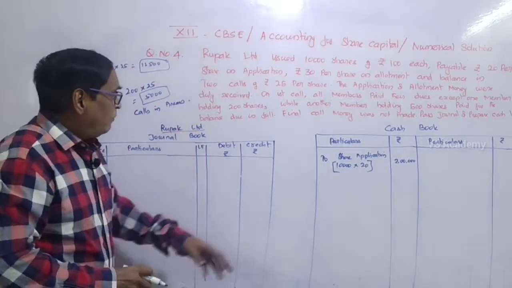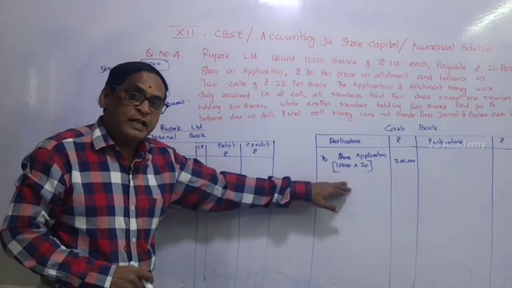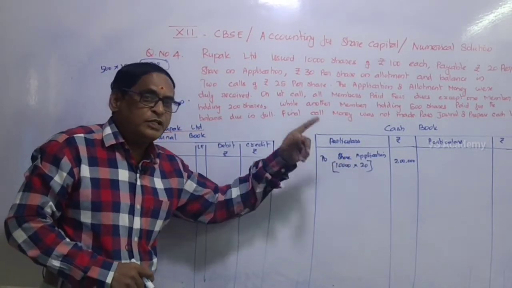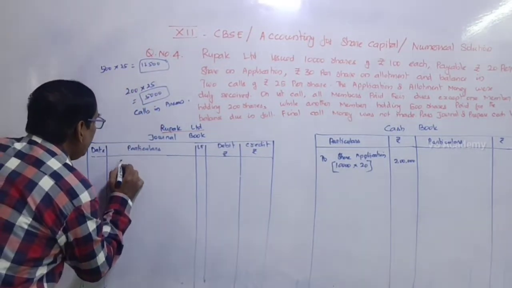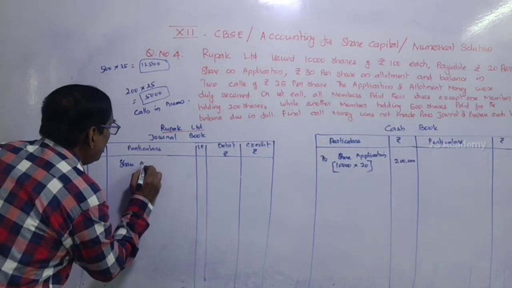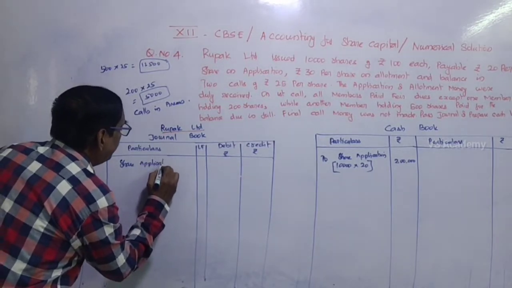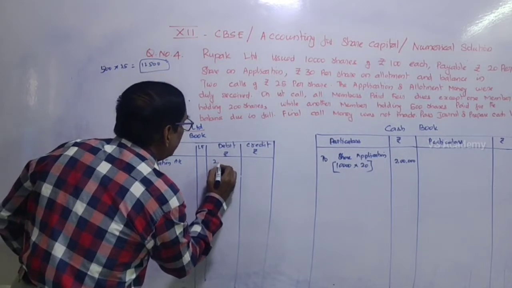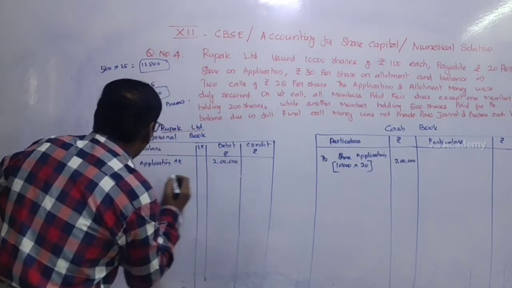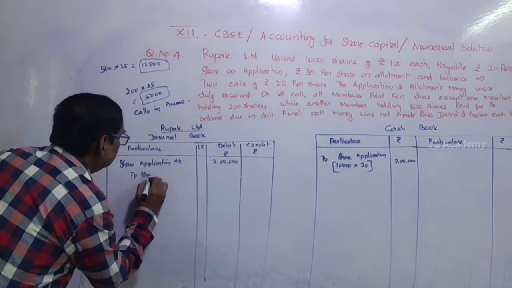And then for which we have to pass one transfer entry. Share application should be transferred to the share capital account. So we will enter in the journal book. So share application account, rupees 2 lakhs, to share capital.